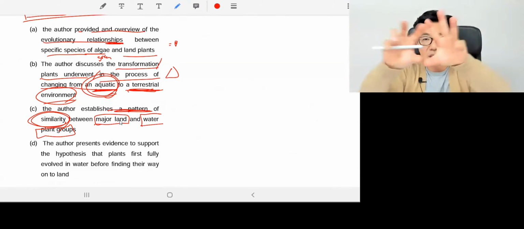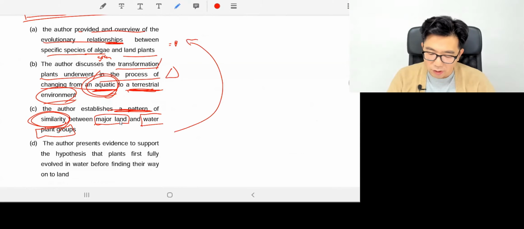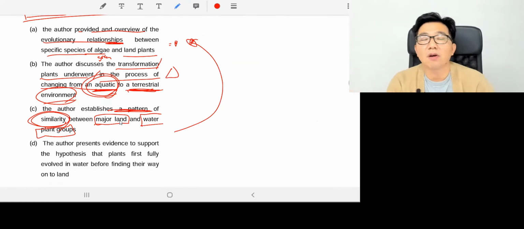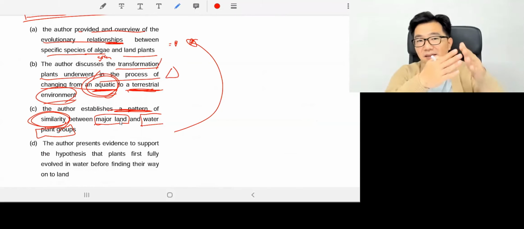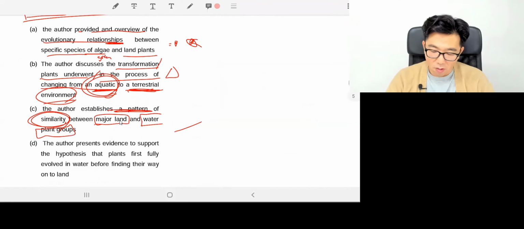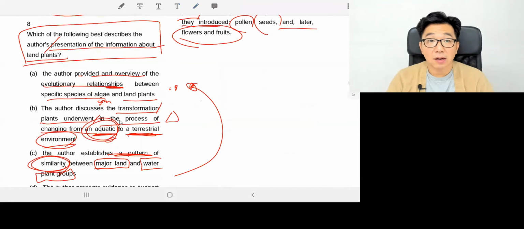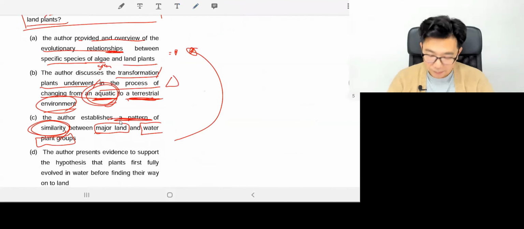Maybe just paragraphs 1 and 2, in the introductory part, it briefly talks about the ancestor of plants seeming to be what we see today as green algae. That's it. That's not the whole flow of the passage. Okay, B is much better.